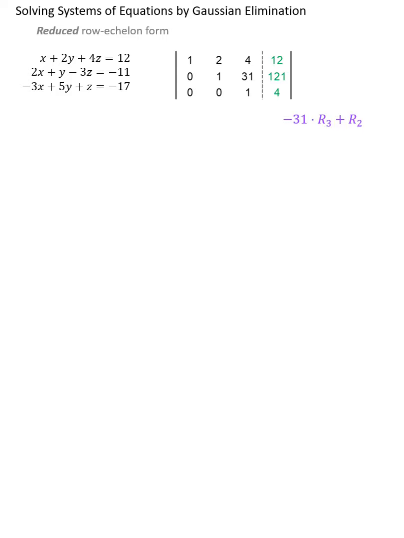First, perform this row operation on the matrix. Hit pause and do that now. This should have been your result. And notice we got a 0 above the diagonal of 1s.